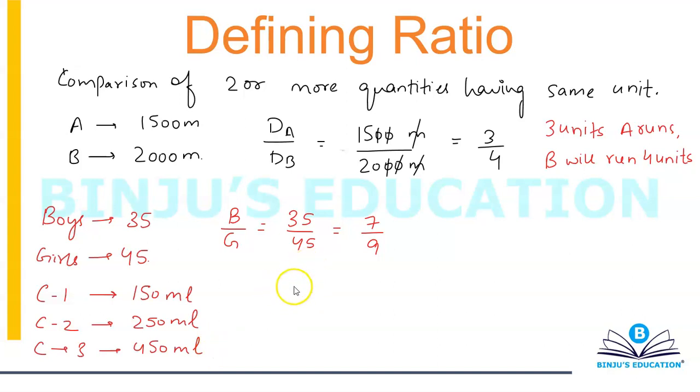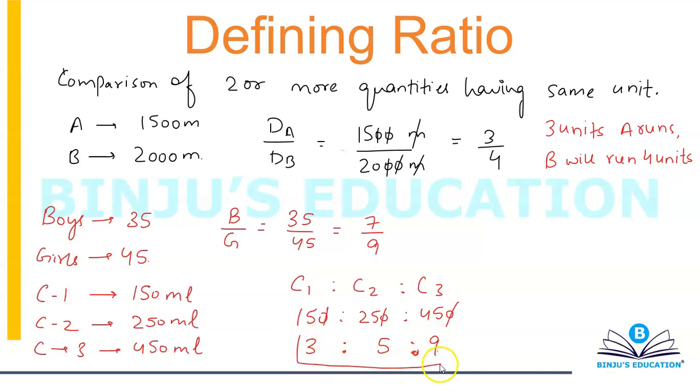Then the ratio of container 1 to container 2 to container 3 is 150 is to 250 is to 450. I can cancel the zeros, and if I divide this by 5, that's 3 is to 5 is to 9. And I can't simplify this further because I need a common factor from all three of them.